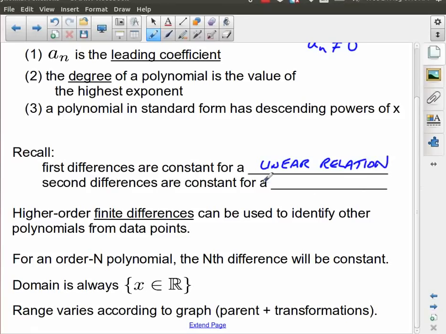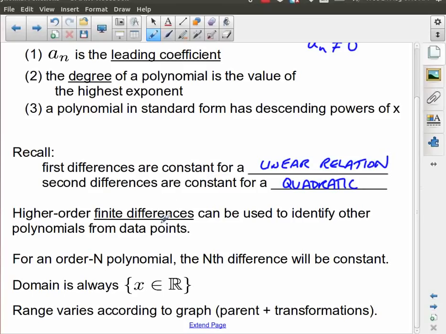Second differences won't be constant for something that's linear, they will be constant for a quadratic. And that pattern continues to be true. So from linear, we do first differences. Quadratic, we're looking for second differences to be constant.